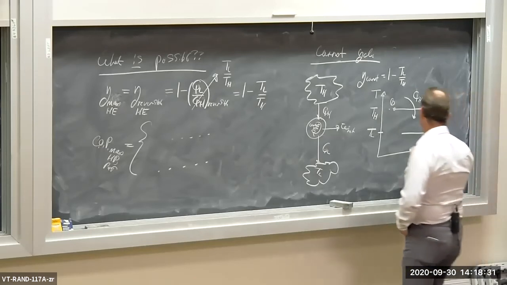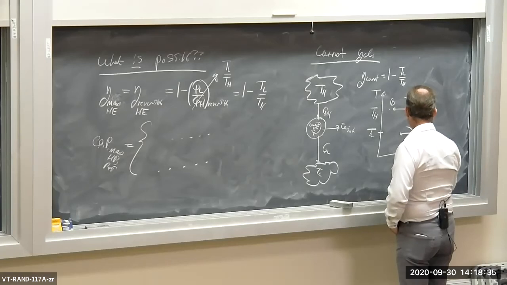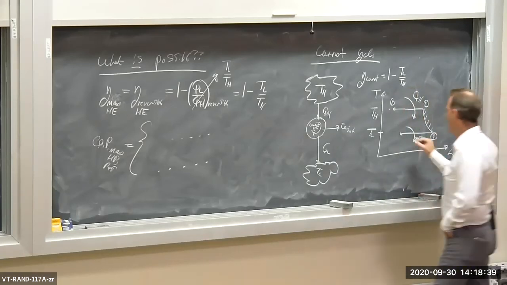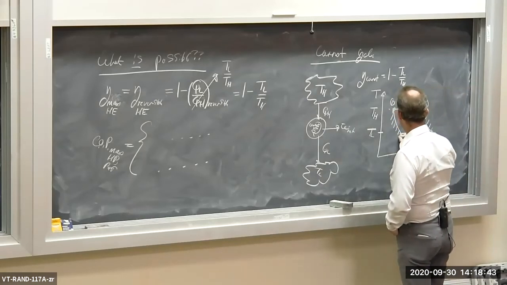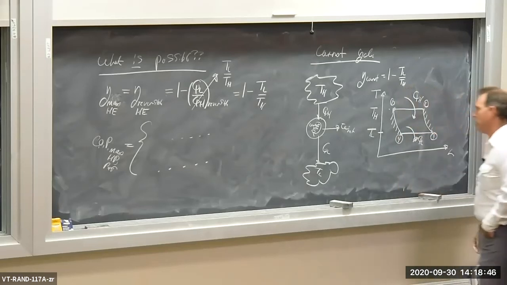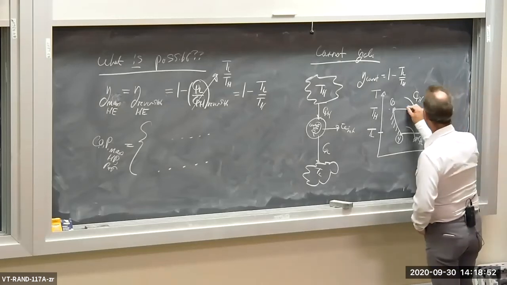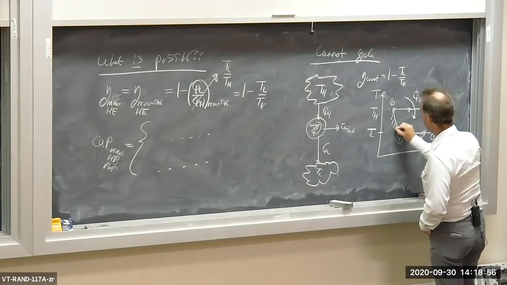And then we have isothermal compression, where we reject the heat to the low temperature reservoir. And then we have adiabatic compression back up to the original temperature and volume. Okay, so that's the TV diagram for the Carnot heat engine, and this is operating in the clockwise direction.